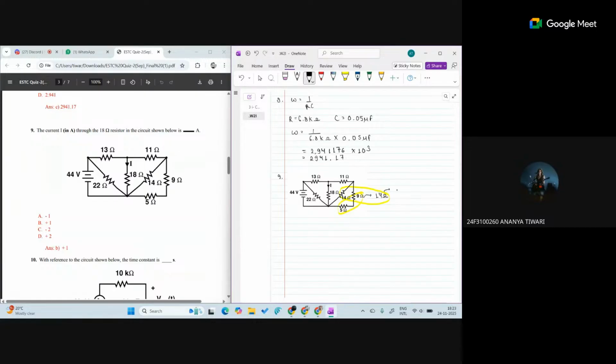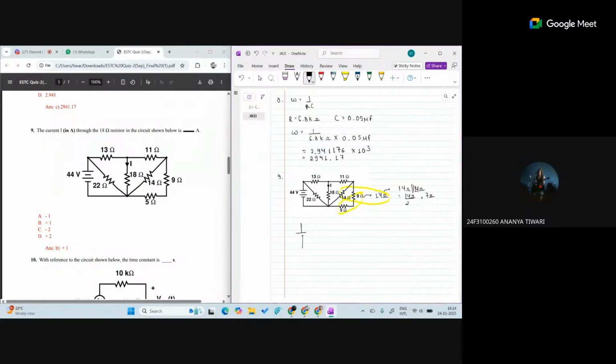So we can write 14 ohm parallel with 14 ohm. So this will be 14 ohm by 2, which is 7 ohm, right? It is in series with 11 ohm. I think it's getting messy. We can redraw.